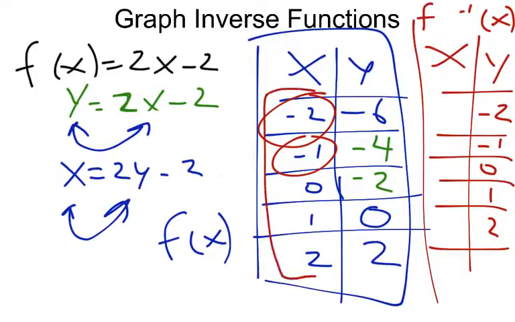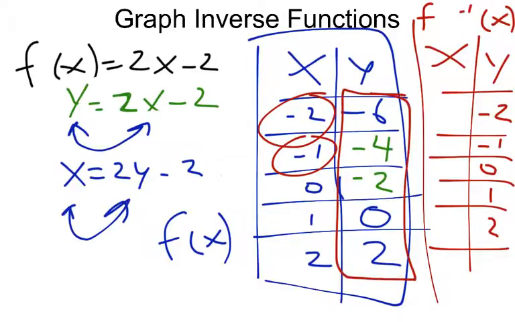What's x in my function will be y on my inverse, and what's y on the function will be x on my inverse. So I'm going to write those values: -6, -4, -2, 0, and 2. Those are my function and my inverse function.